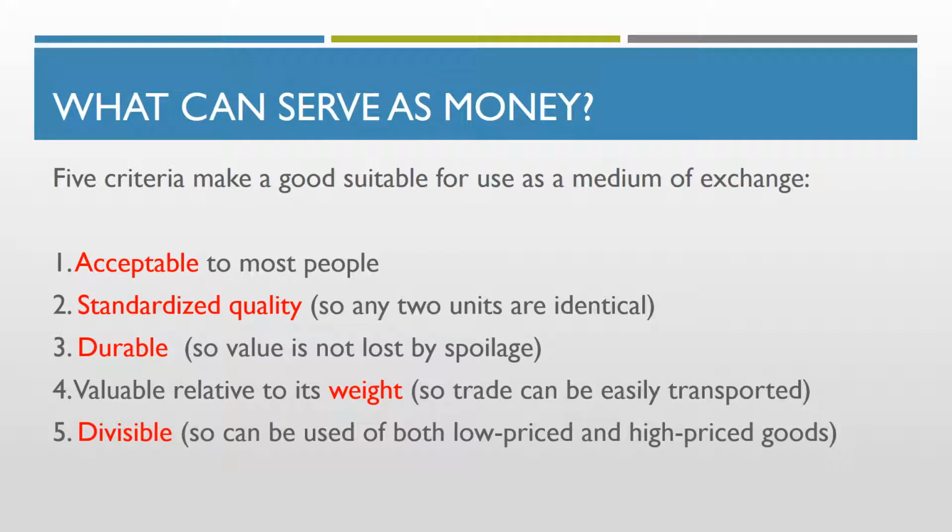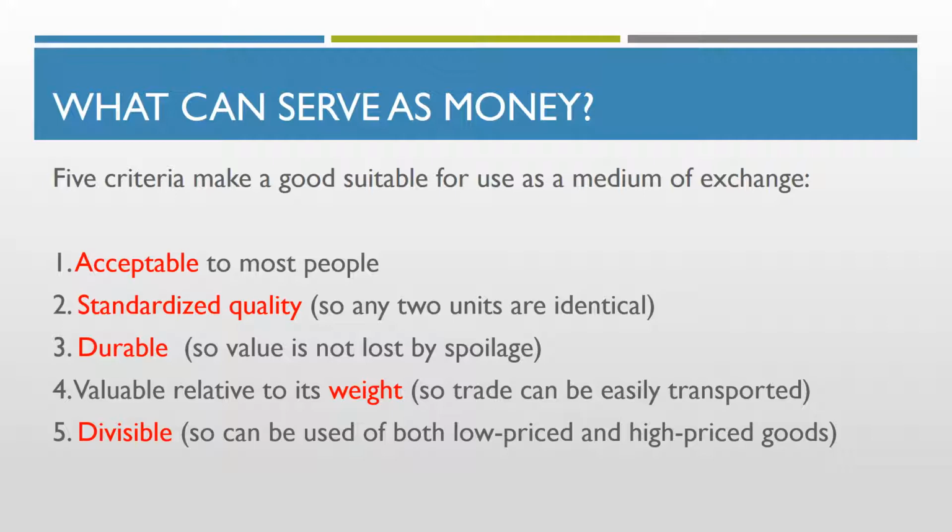And number 5, this money has to be divisible. That means it should have different values so that people can break it down into smaller values. Unlike the deer skins case, where if you want to buy one apple from the market, you might have to cut a little piece of that deer skin to exchange for it.